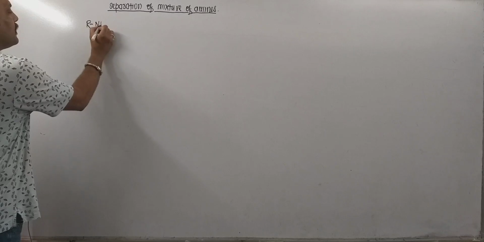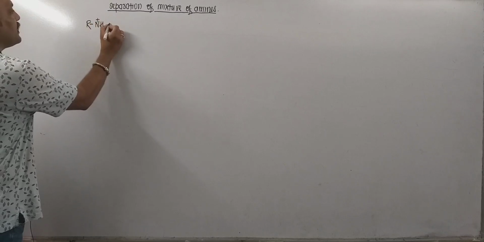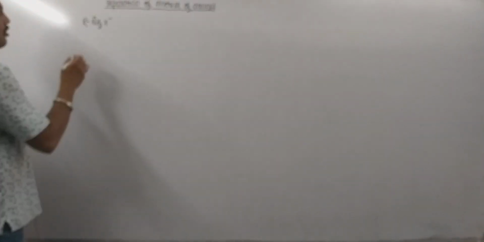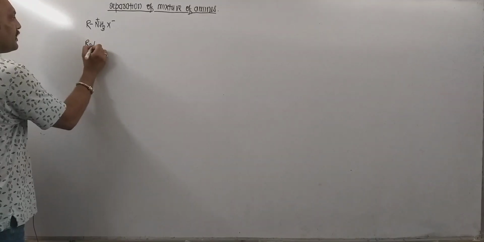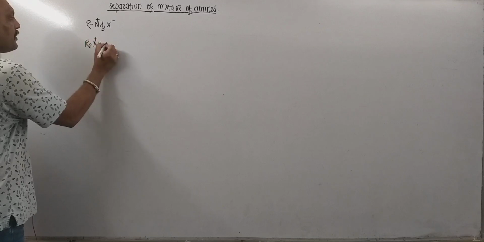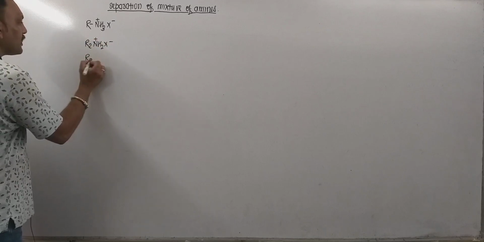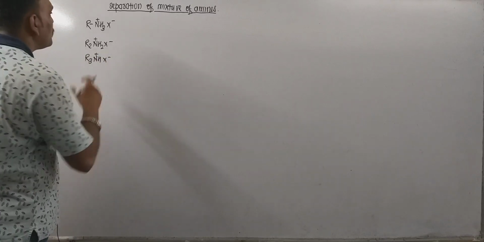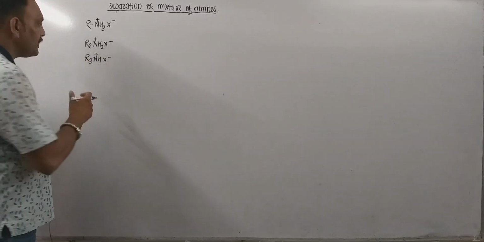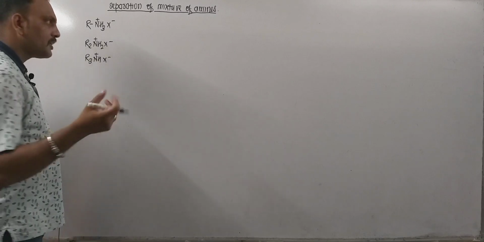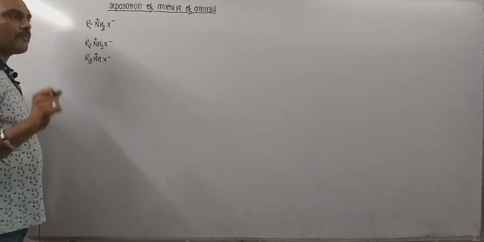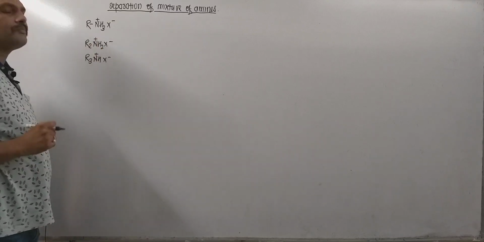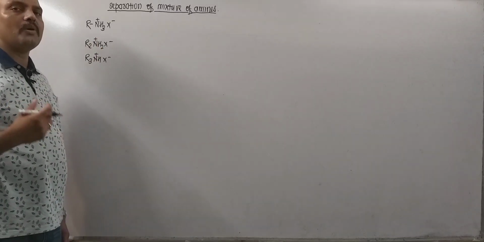If primary amine is present in the form of its ammonium salt, secondary amine is present in the form of its ammonium salt, tertiary amine is present in the form of its ammonium salt, and quaternary ammonium salt is also there, then we need to distill this mixture with the strong KOH solution.